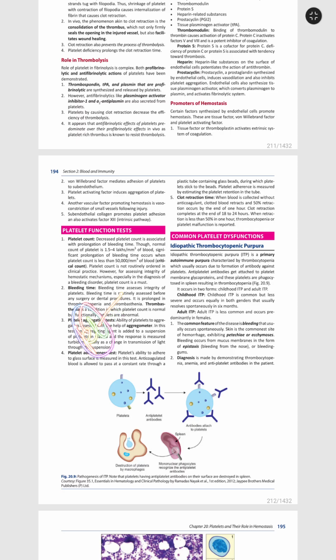Platelets determine the bleeding time. If the bleeding time increases, it means there is some problem in platelet function. Could be thrombocytopenia or thrombocytopathy, where the quantity is normal but the quality of the platelets is twisted.